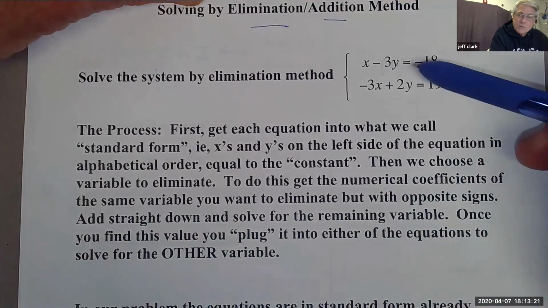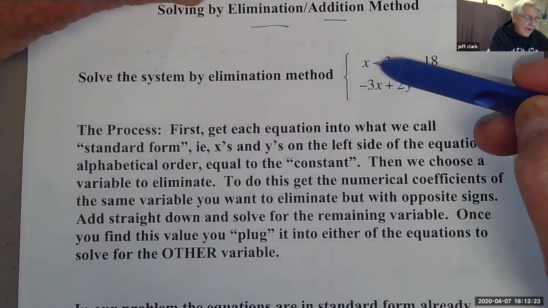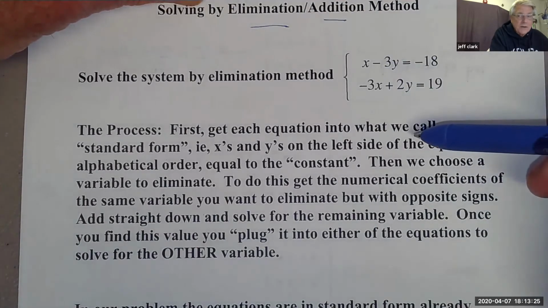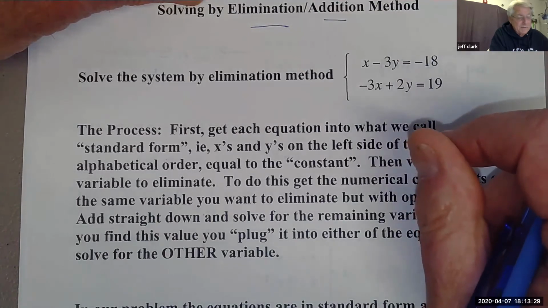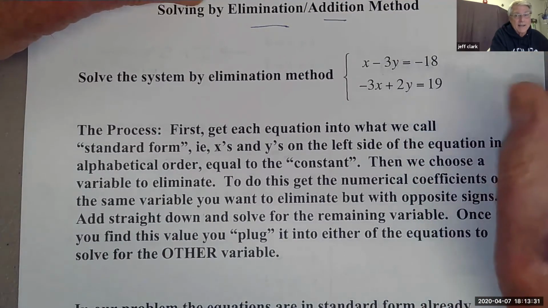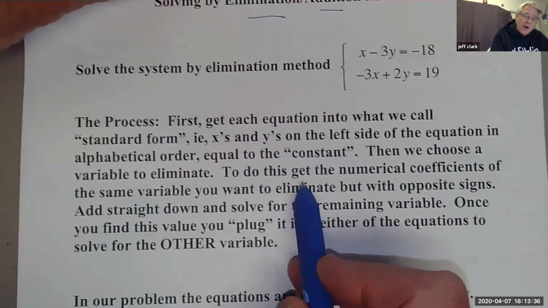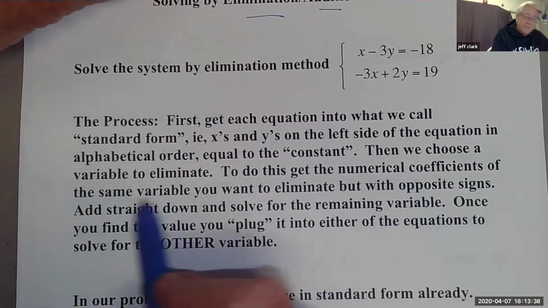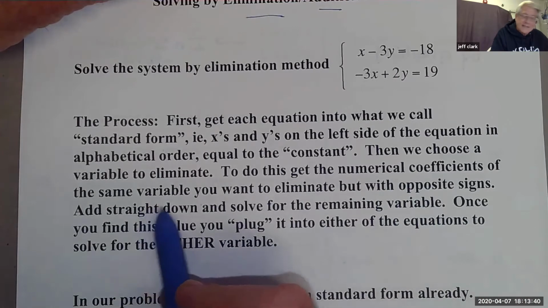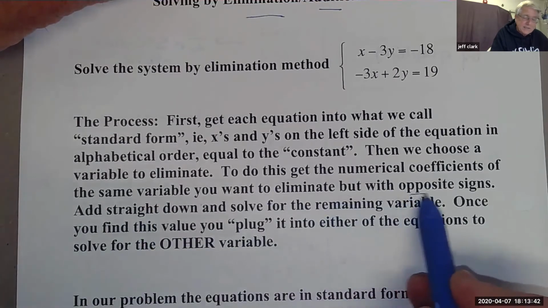Now, if you look at this one in comparison to the other one, if we add straight down, they don't go away. So it's some work that we have to do on this. This one is not as easy as the one that I did with the graphing. To do this, we're going to get the numerical coefficients of the variable we want to eliminate to be the same thing, but with opposite signs.